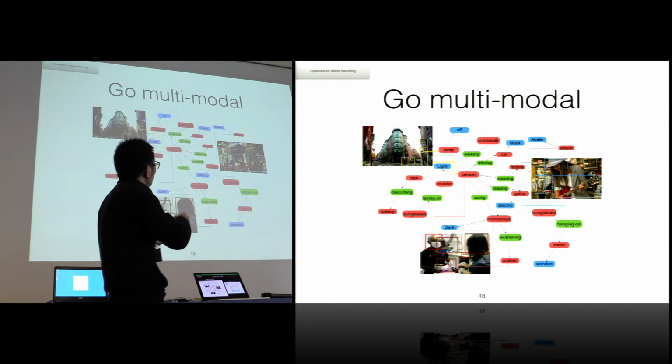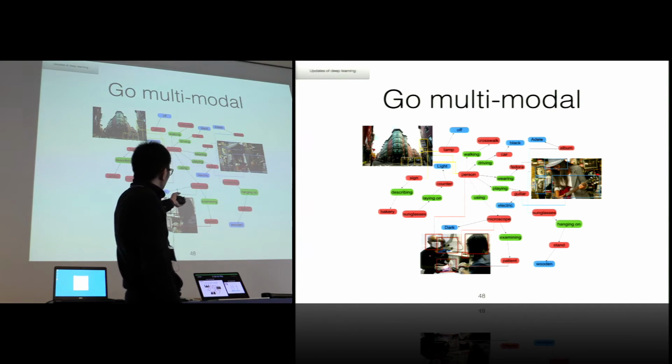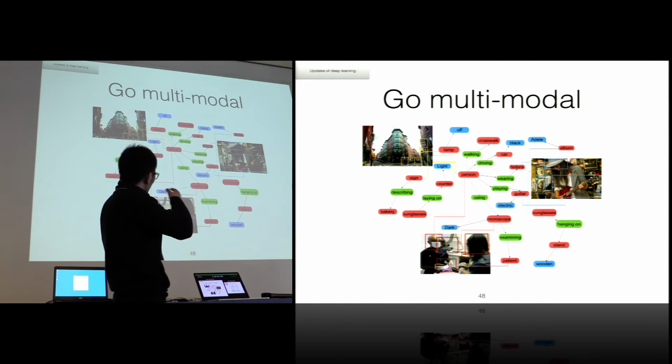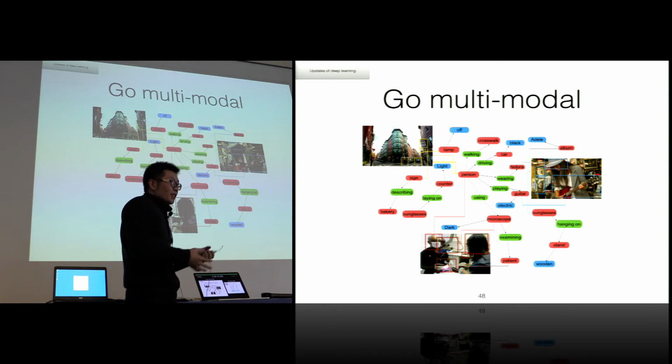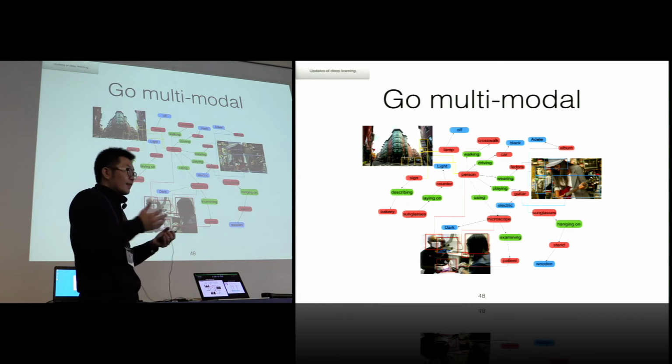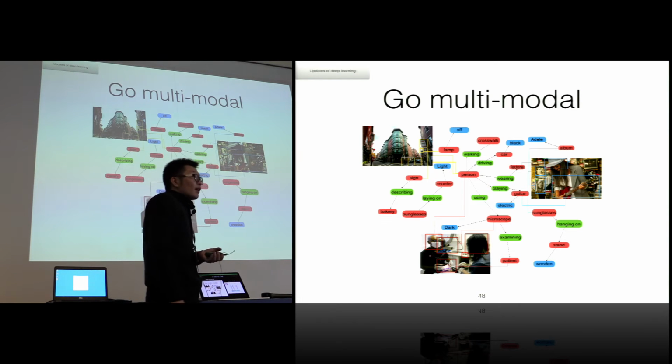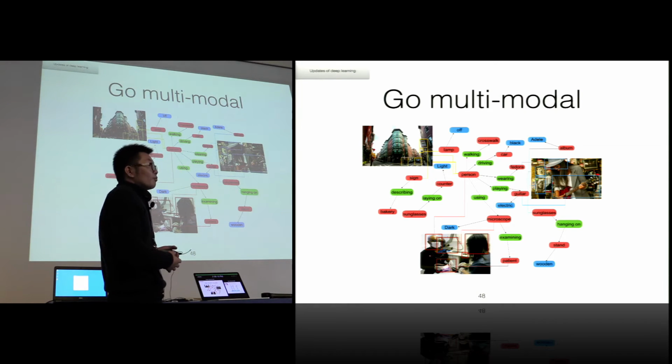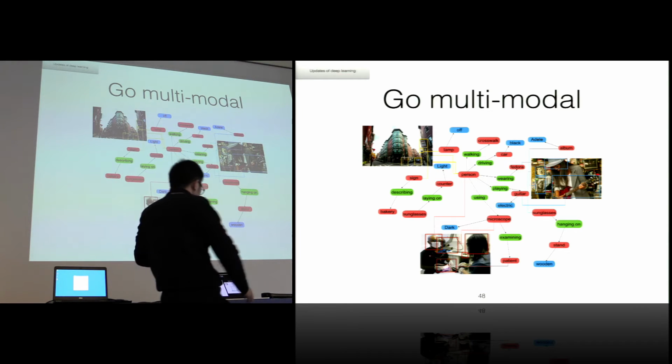You want to really understand, like a person is playing guitar, or a person is using a microscope examining the patient. You want to learn these relationships between words detected in the images. And I think it will be active research in the next 5 years.